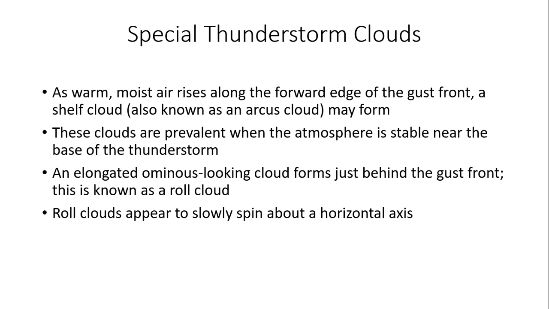These shelf clouds are prevalent when the atmosphere is stable near the base of the thunderstorm, and you get an elongated, ominous-looking cloud that forms just behind the gust front. That type of cloud is also a special feature known as a roll cloud. That's right behind the gust front. And roll clouds appear to slowly spin about a horizontal axis.